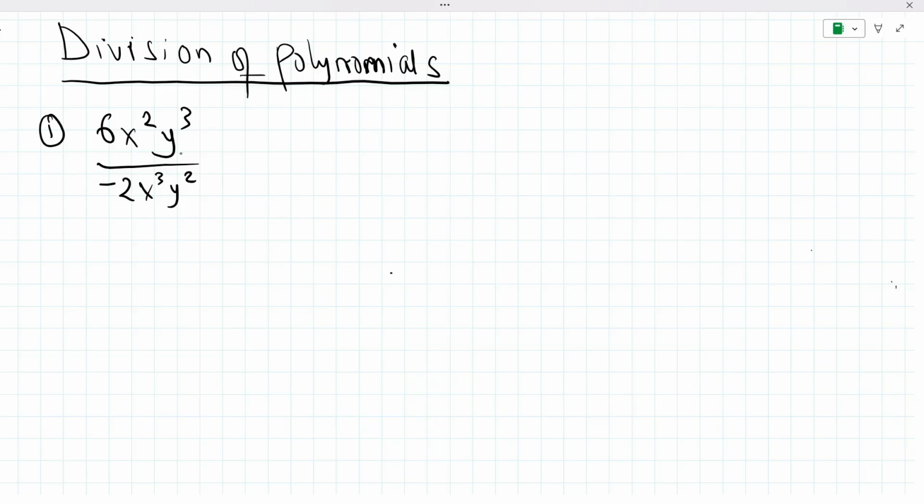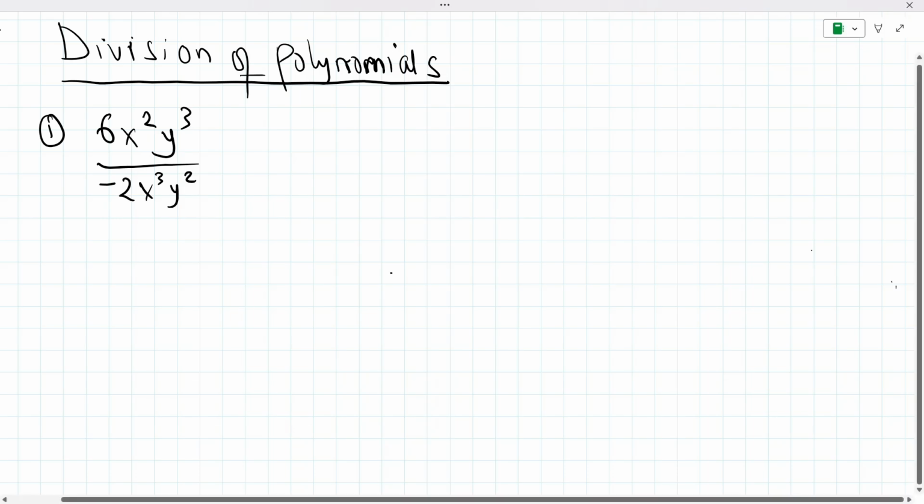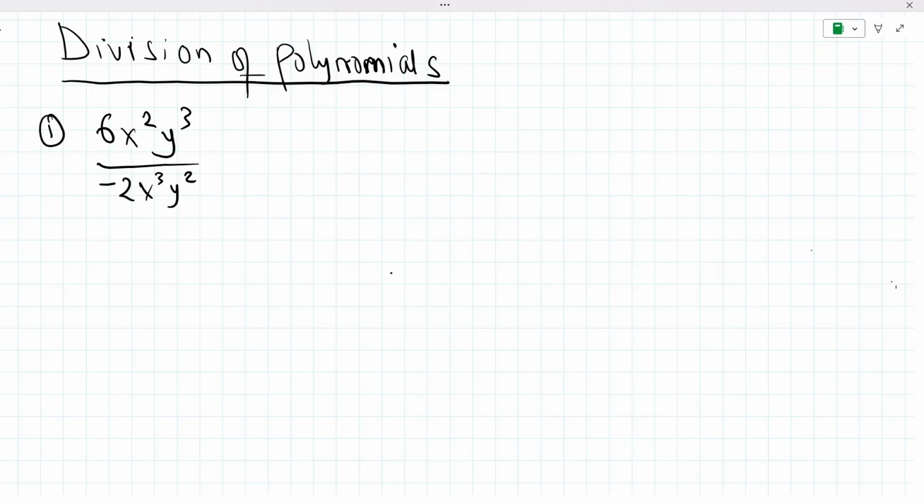6x squared y cubed divided by minus 2x cubed y squared. Now, we need to cancel coefficients with coefficients.